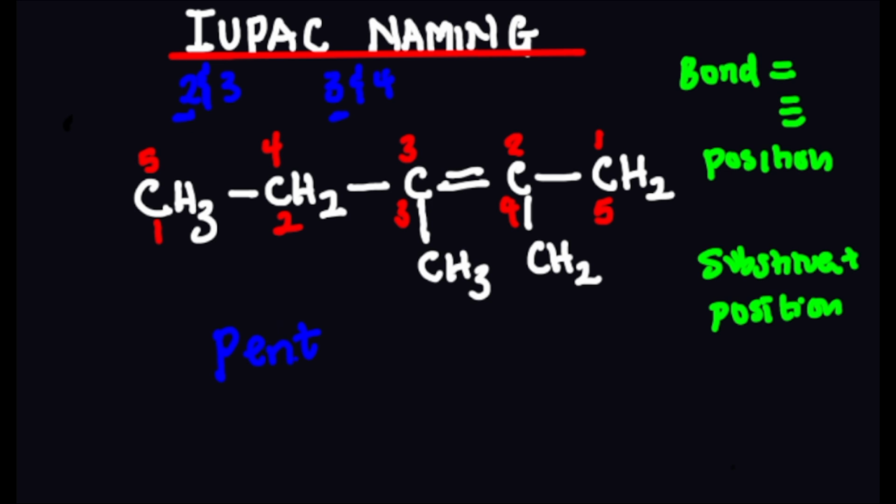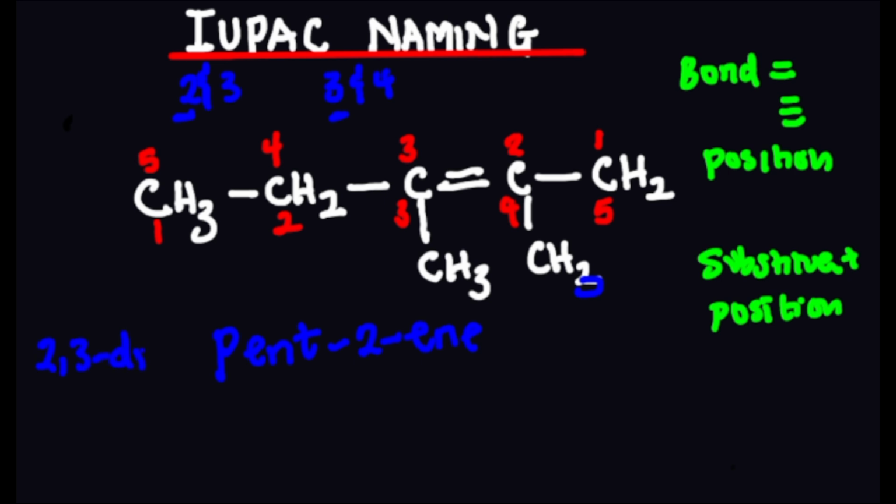So this is going to be pent. On position 2, we have the double bond. We are going to have 2-ene. That's what we're going to have, pent-2-ene. Now look at this. Since I'm numbering forward, on carbon number 2, you see we have an attachment here. This should be CH3, right? So we have an attachment here, and at the same time on carbon number 3, we have an attachment. So that's going to be 2, 3, right?